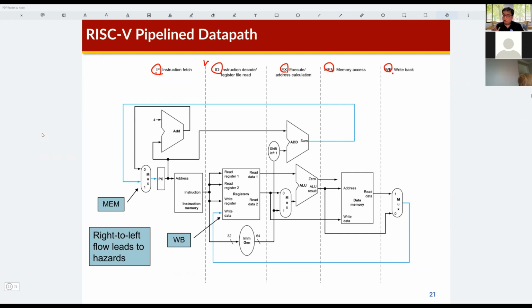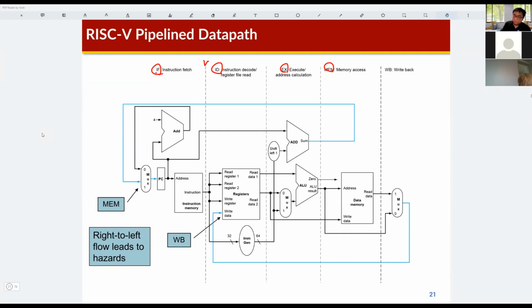The ALU is used for the operation of the instruction and address generation for load and store instructions. In the memory stage, the data memory is accessed. In the write back stage, the result is written back to the register file.